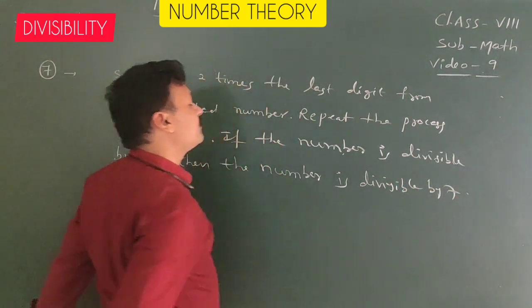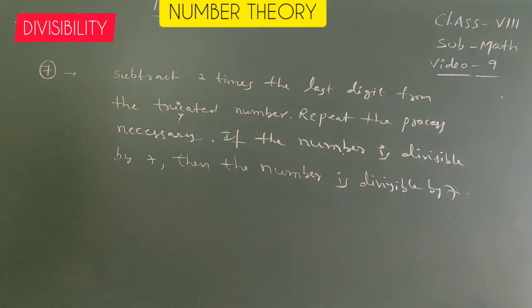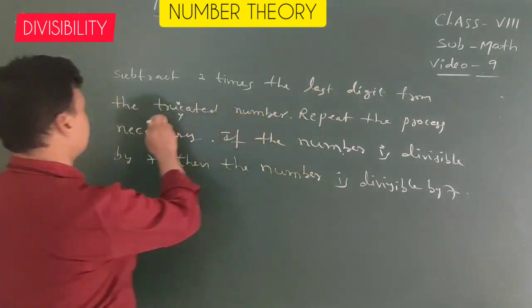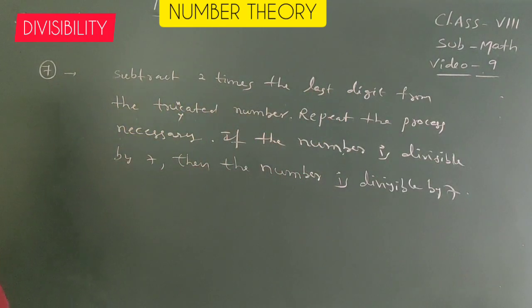Here, subtract 2 times the last digit from the truncated number. Repeat this process as necessary.